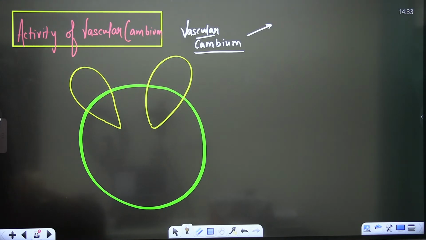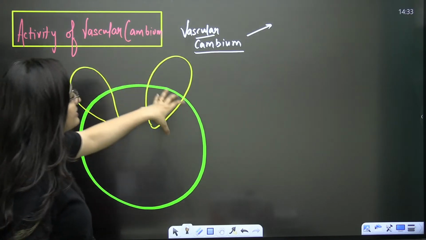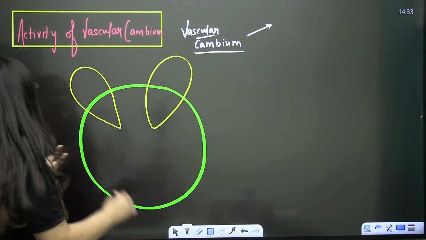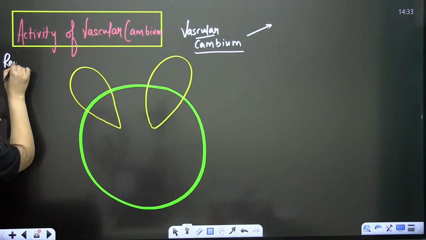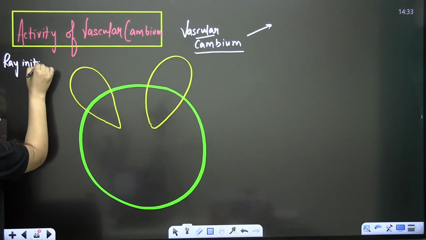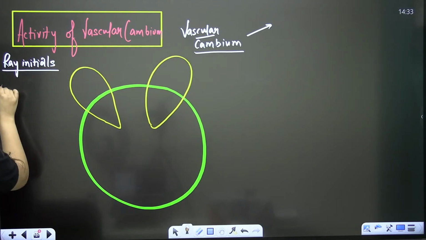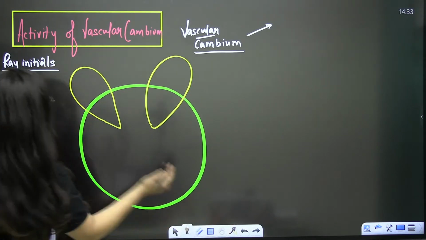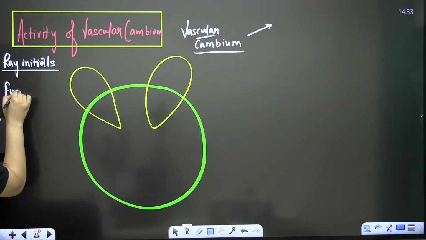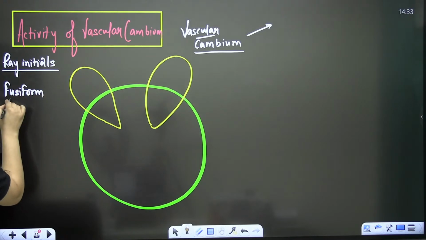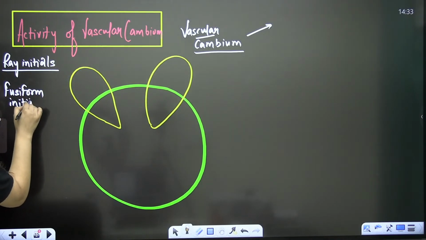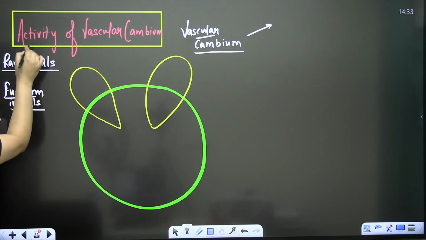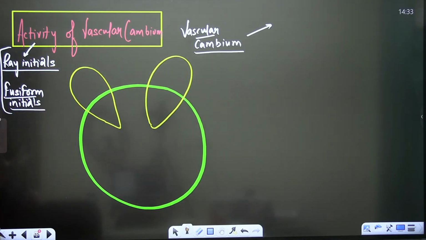Ray initials are the cells which are oval, or you can say spherical. Fusiform initials are long, pointed, and more in number. These are the two types of cells which make the vascular cambium.